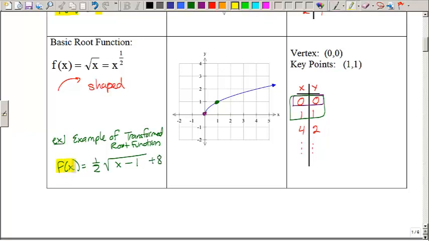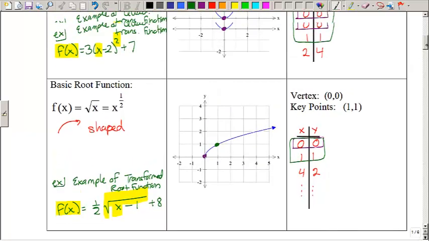Again, notice that we have an f of x equals, we have the square root symbol, x. We have the square root of x. Notice we do have a minus 1, a plus 8, and a multiplied by 1/2, which are all transformations, and we'll talk about that soon. But I want you to be able to look at this example and see that we do have a root function that has been transformed.